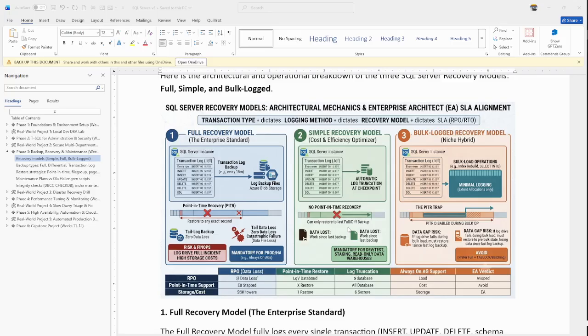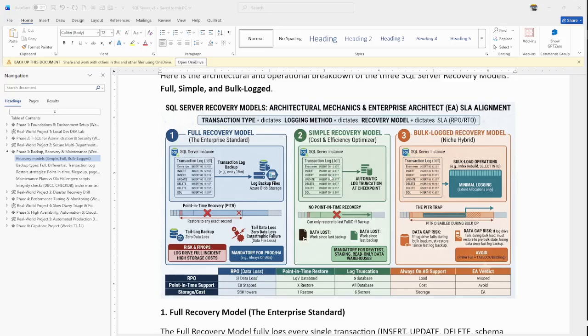So you use this simple recovery model on a development environment, test environment, or any sandbox environment, where the storage is costly and data is easily regenerated or copied back from production.